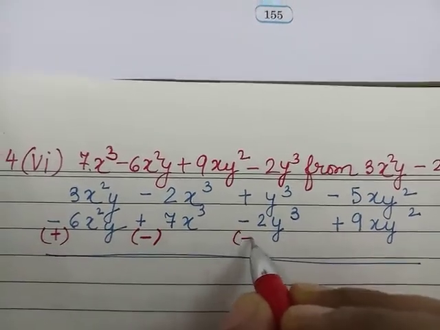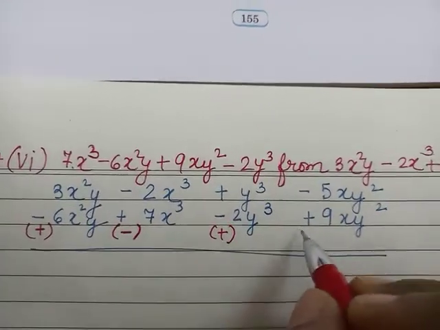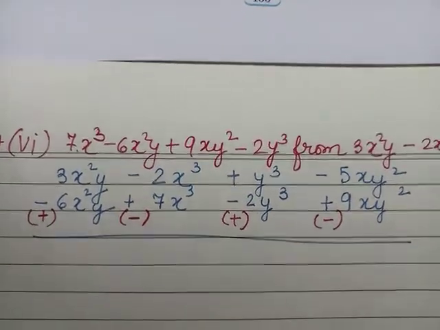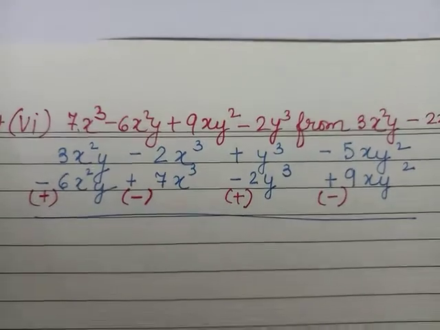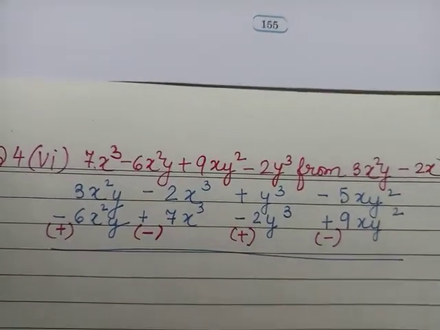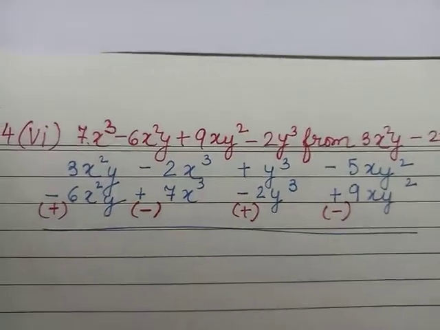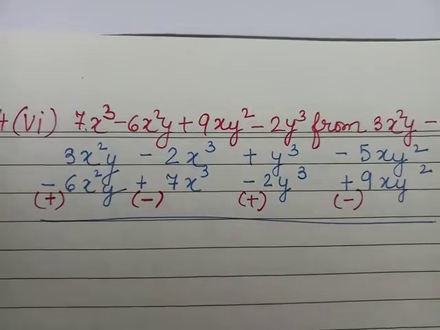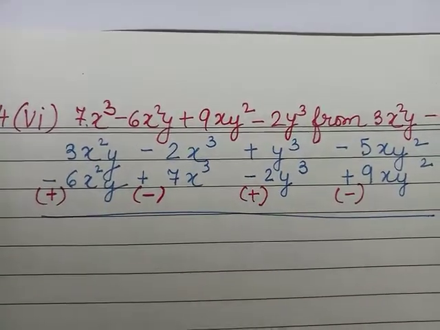This is minus, so it will become plus. And this is plus, it will become minus. Why we are changing the sign, student? As we are subtracting, so on subtracting the sign gets altered or changed. Therefore, we are changing the sign of each term of the second expression.